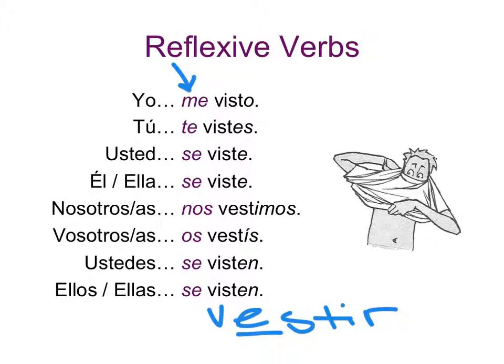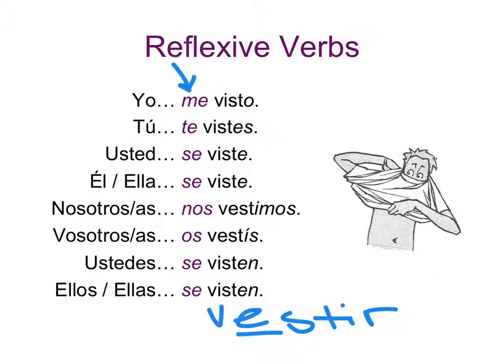So in the nosotros and vosotros form, just like a shoe verb, we don't have the stem change. So everything that we've learned so far, like I said, verbs that go in the yo, like tener, tengo, poner, pongo, hacer, hago, we still have to apply those rules when we conjugate the verbs. We still have to apply the rules for stem changing verbs.